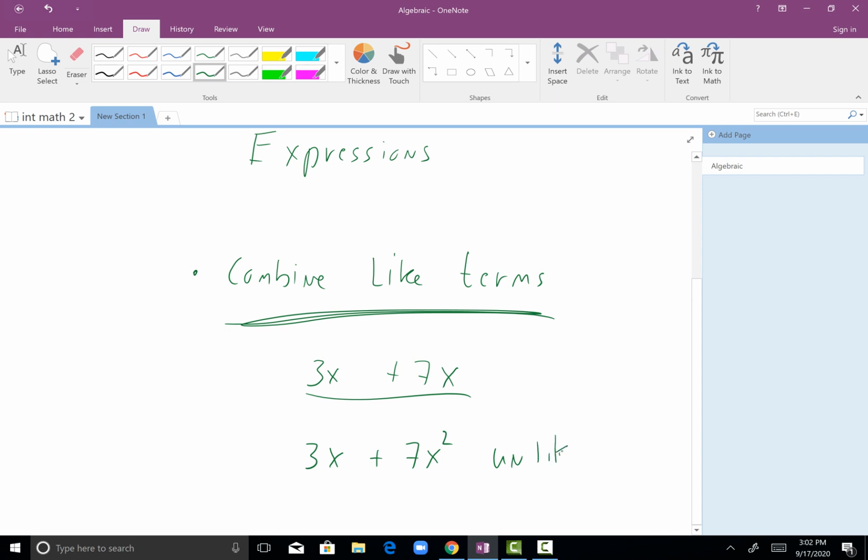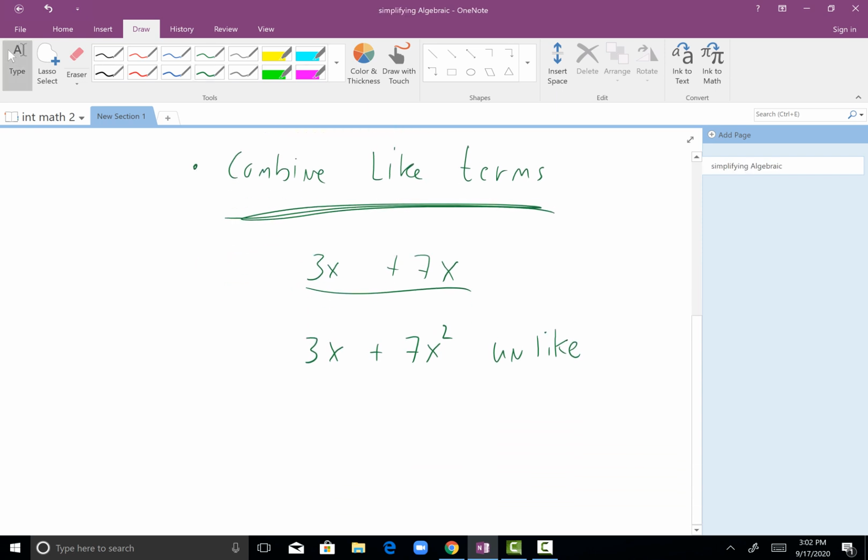The exponent, the power, is not the same. So those are unlike terms. We cannot combine them. They have to be the same thing. 3 oranges, 7 oranges, 10 oranges, right? That's how it all works. You just got to connect it to something. This is an orange squared, so that doesn't work out.